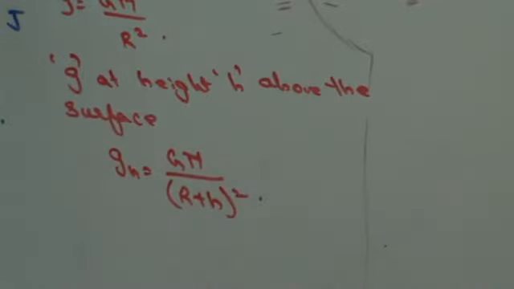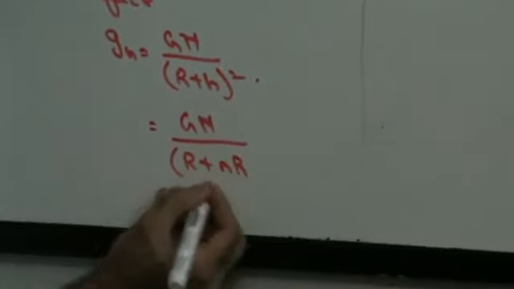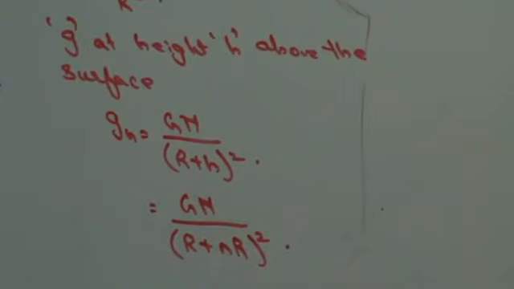But what is the value of h given to you? The value of h is given to you as nr. So I can therefore say GM upon r plus nr the whole square, right?